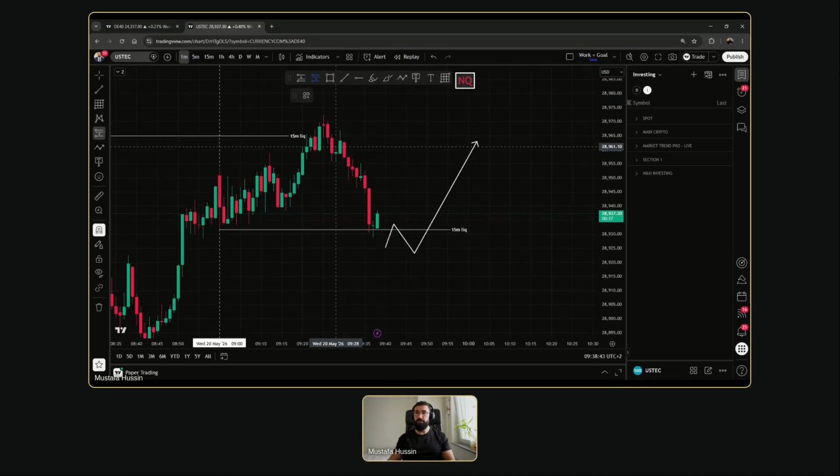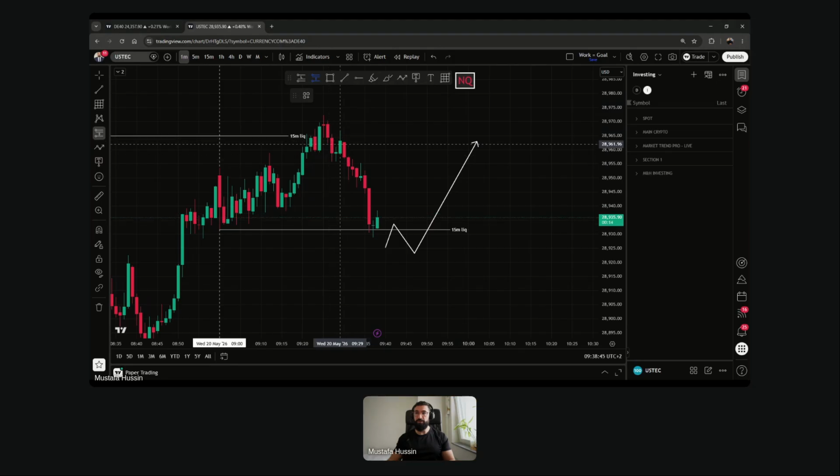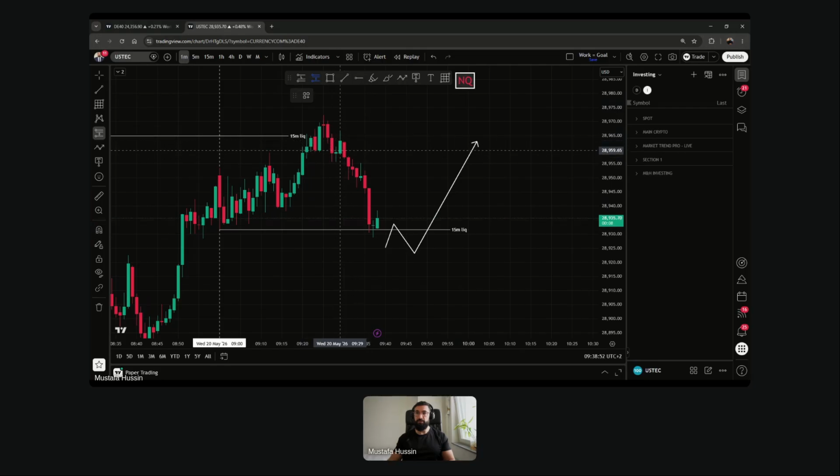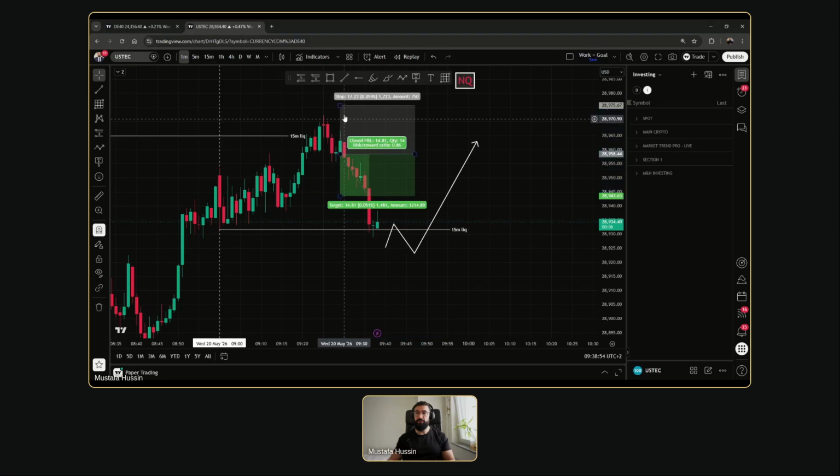This would have been a good entry, but the body of the candle did not close inside of the fair value gap. So it would have been like around this area.